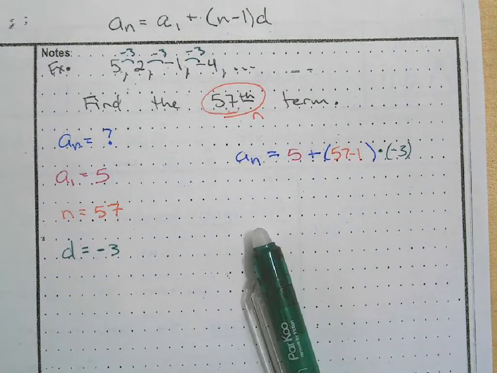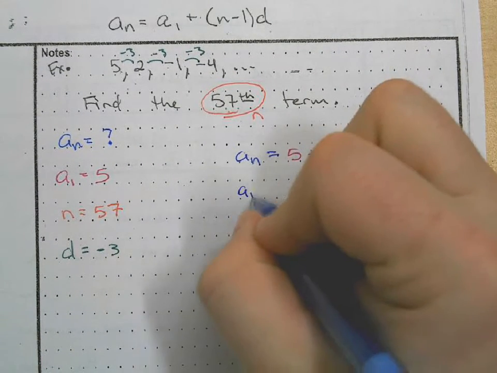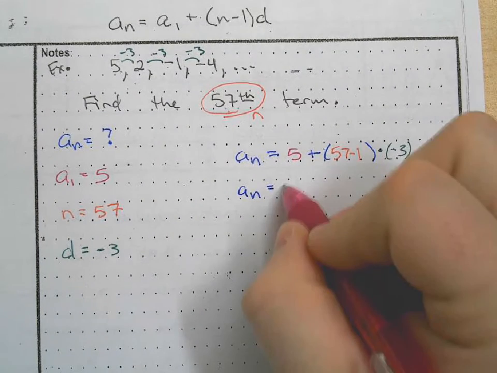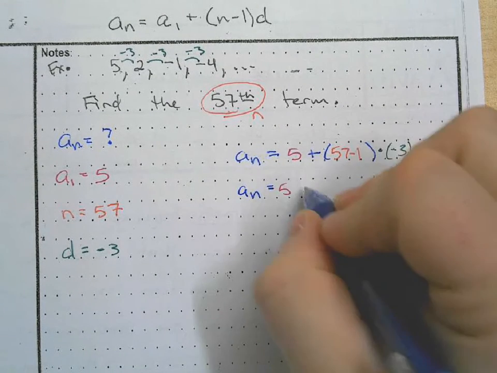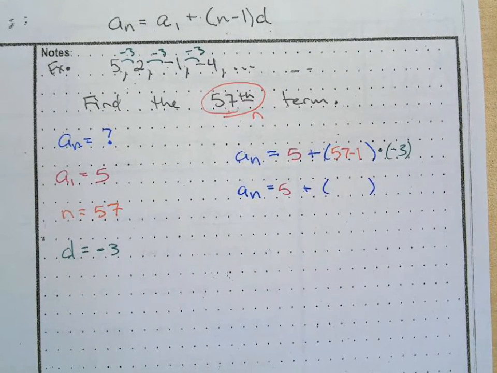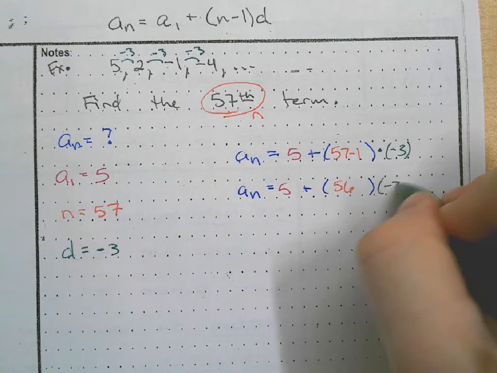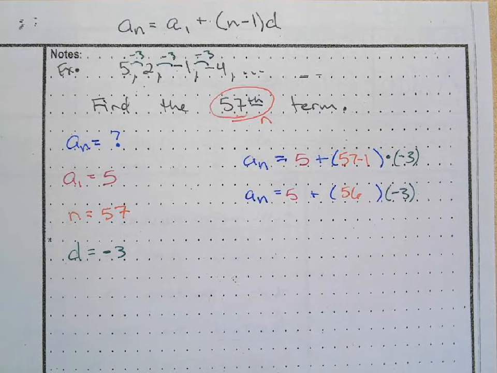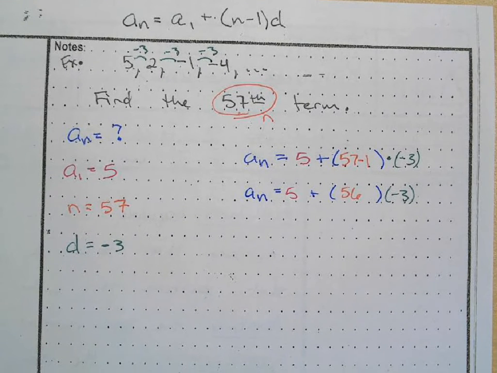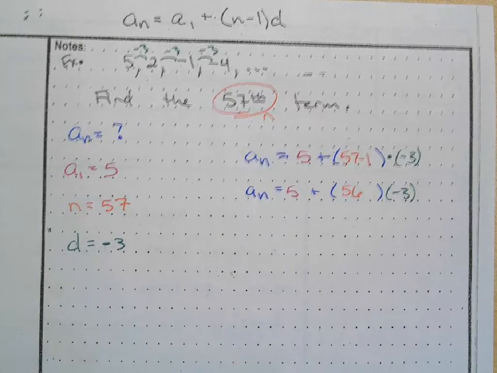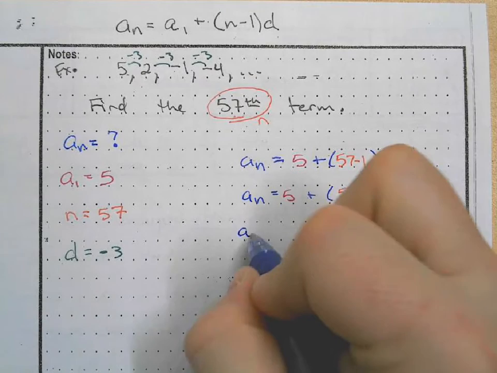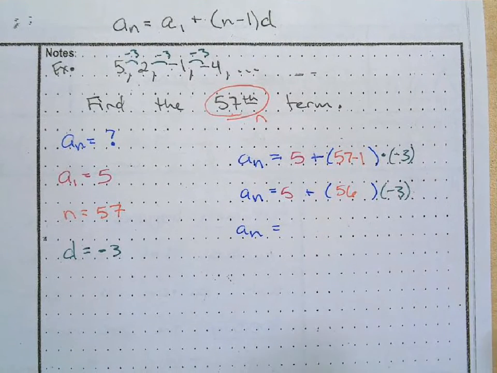And now we use our order of operations, and we'll get a sub n equals 5 plus 57 minus 1 is 56 times negative 3. 56 times negative 3 will be negative 168. Let me double check with my calculator. It's negative 168.